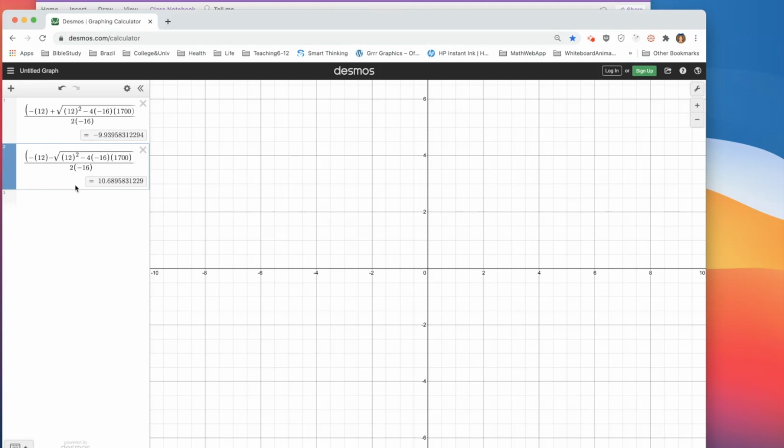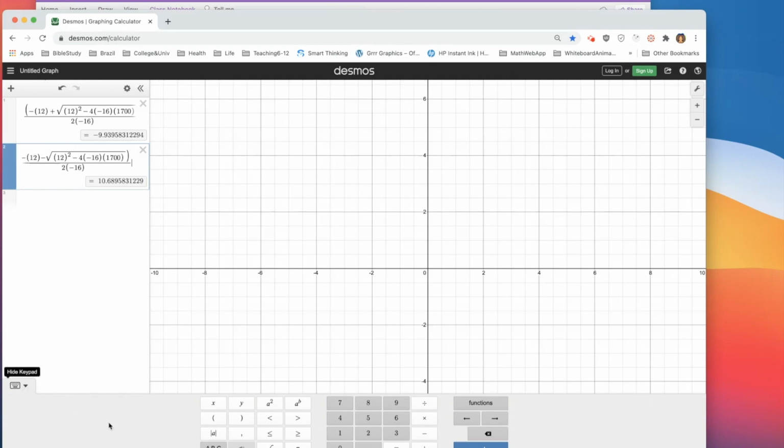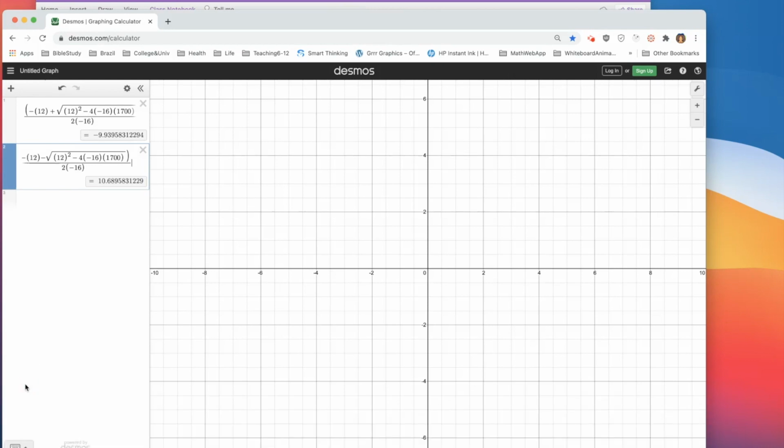Be careful how you do this. You have to use the symbols for the calculator and determine this. And then I found that one answer for t is negative and the other is positive. Of course, I'm going to consider the positive one. So even though it gives me two solutions, I ignore the negative one because I have to interpret the answer after the fact.